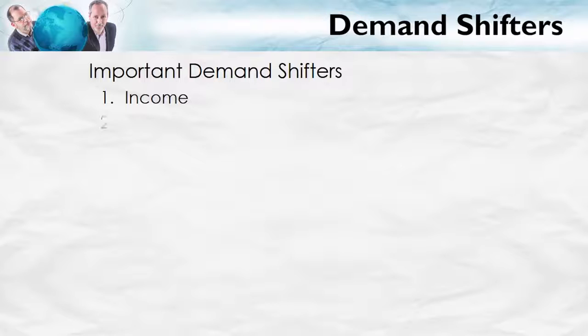Those are the types of factors which are going to shift the demand curve. Now in a minute, I'm going to give you a list of such possible factors. But I don't want you to memorize this list. Instead, I want you to understand what an increase in demand means. If you understand that, then you'll always be able to recreate such a list on the fly.